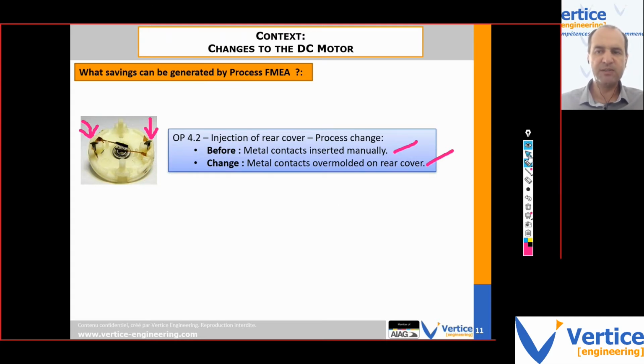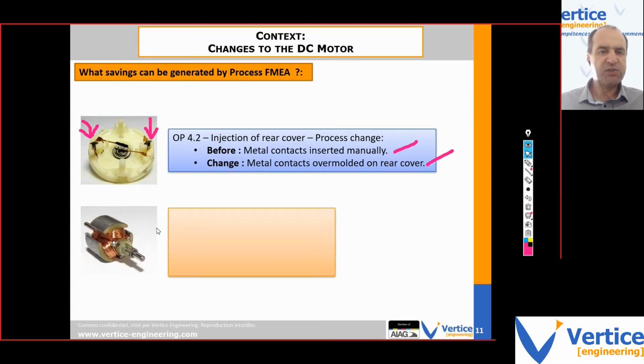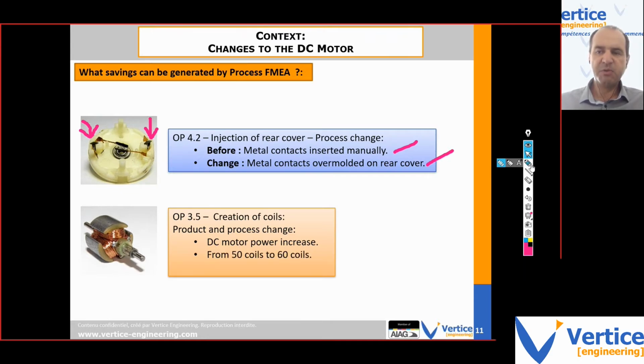Okay, so it's a change, right? Another change is on this new design, on this new product, we want to increase the DC power provided, right? So that means we will increase the number of coils, right? But since we don't want to increase the size of the motor too much, we reduce the cable diameter. So we have more coils, but a lower diameter of cable, right? So this is the second change.